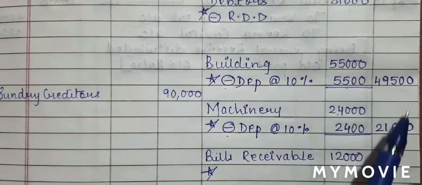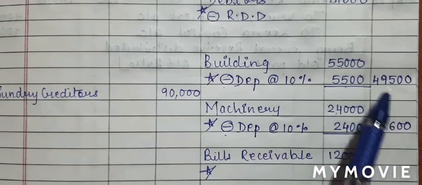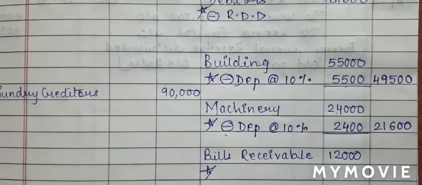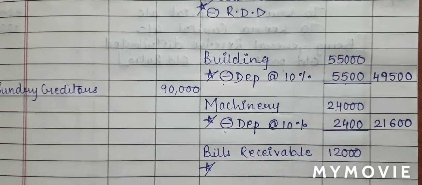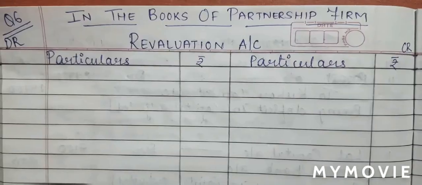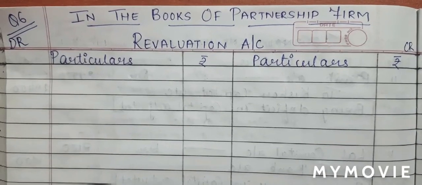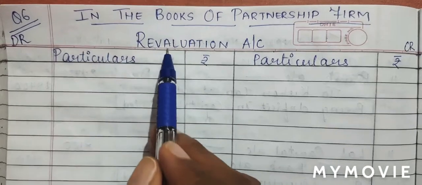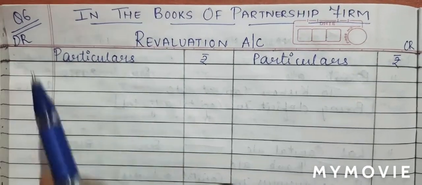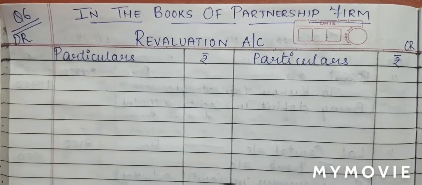Now students, if you look, the value has depreciated, which means there is a decrease in the value of the asset. So let us put up our second effect. Since the value of our asset has decreased, our second effect will be in revaluation account debit, because it is an expense for the business.